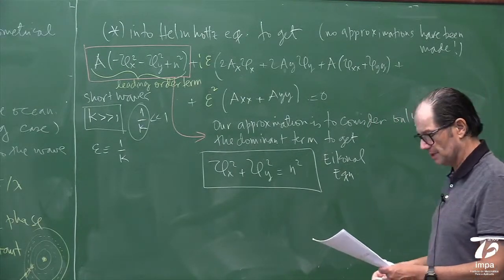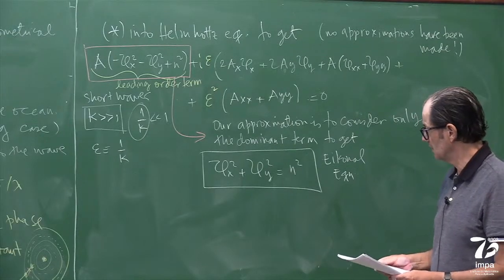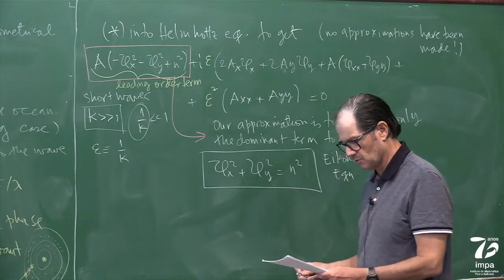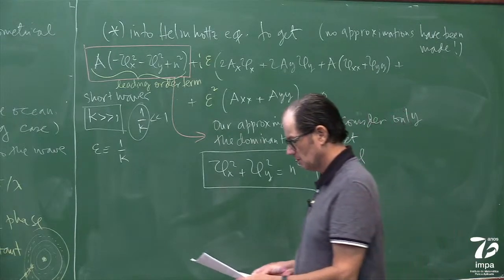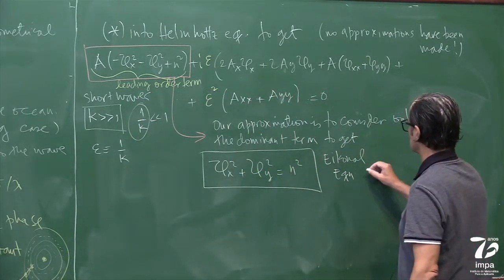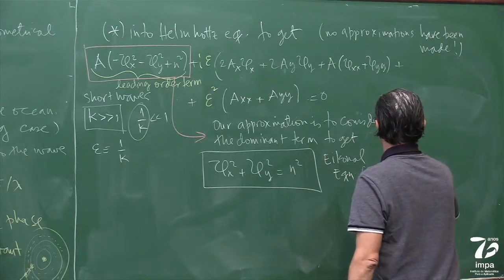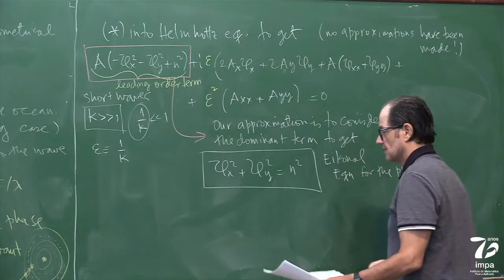And a few comments. I think I can do it in this blackboard. So let me put it here. The Eikonal equation for the phase.